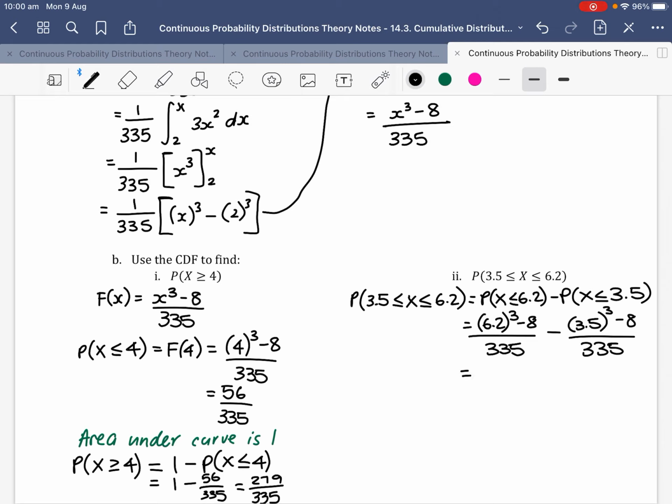And so what we get here, 6.2 cubed minus 8 divided by 335 is 0.687462687, minus, when we sub in our 3.5, 3.5 cubed minus 8 divided by 335 is 0.1041044776.